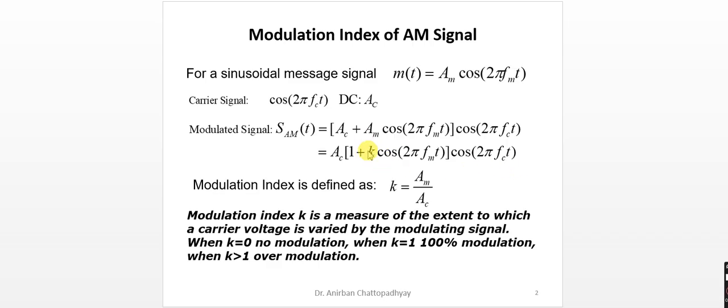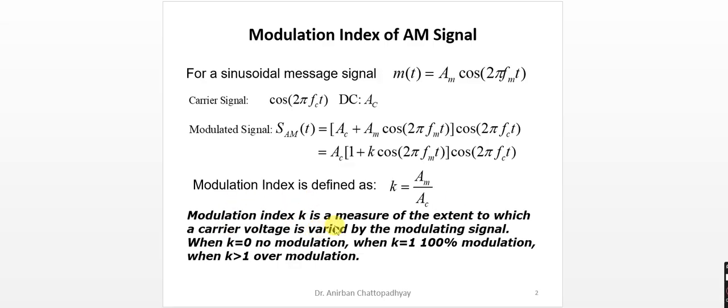That means here k is denoted as the modulation index, where Am cos 2 pi fm t is my message signal and Ac cos 2 pi fc t is my carrier signal. Then modulation index can be defined as the maximum amplitude of the modulating signal divided by the maximum amplitude of the carrier signal.